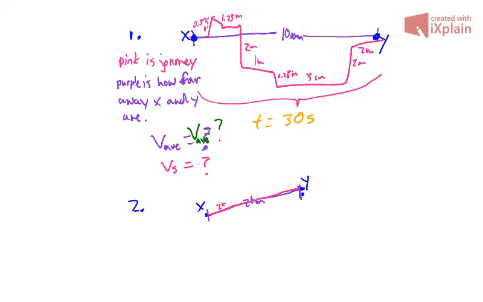And the pink says 2 kilometers as well. So we've got purple down here, 2 kilometers, and pink there, 2 kilometers. And so we need the V, and we need the V sub S.